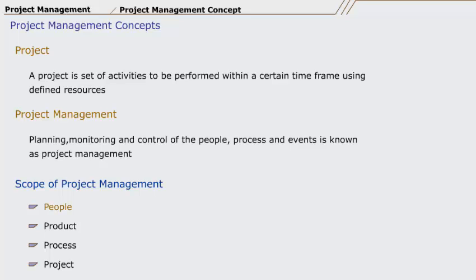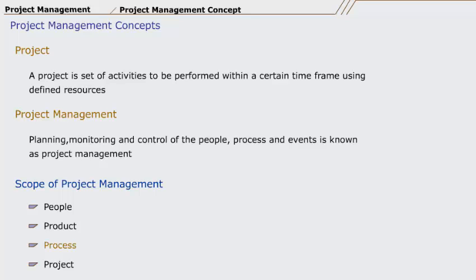People must be organized to perform software work effectively. Product scope and requirements must be understood by effectively communicating with the customer. A suitable software process must be selected having people and the product in consideration.